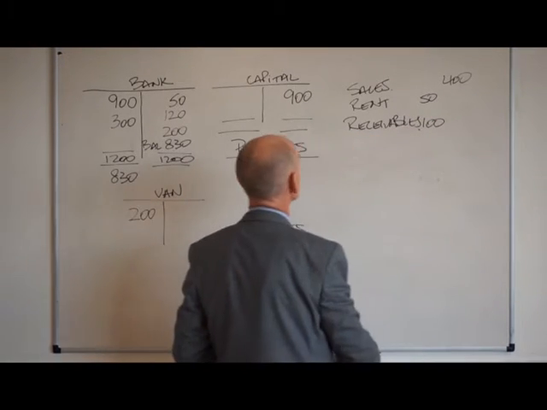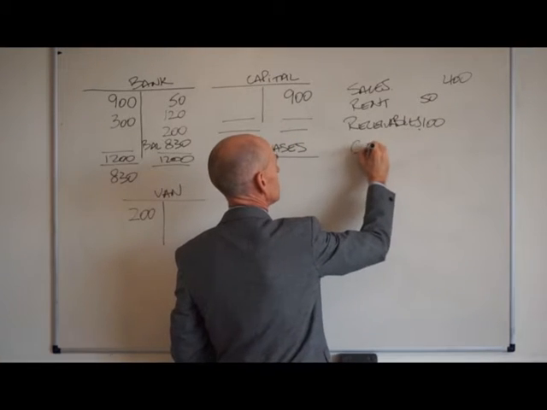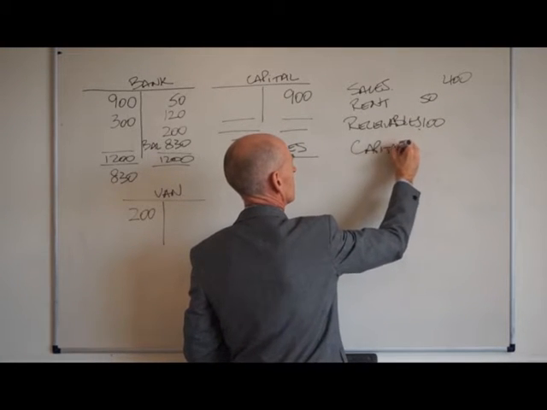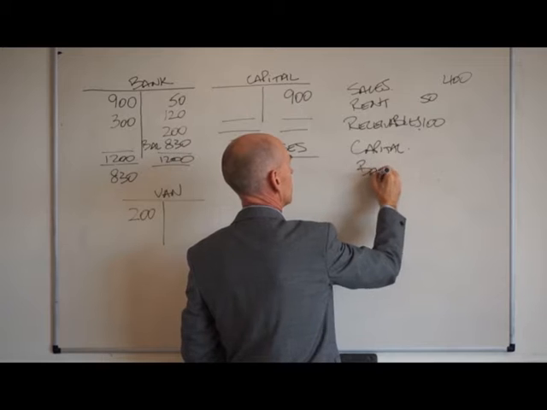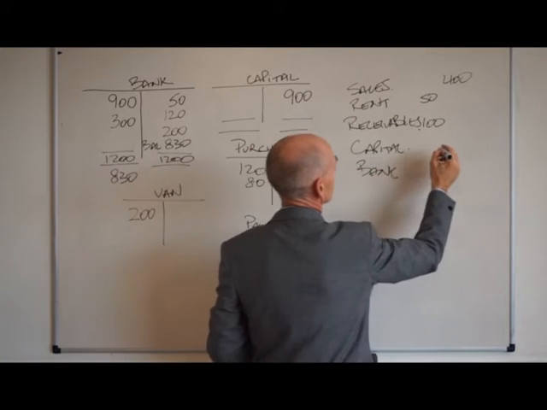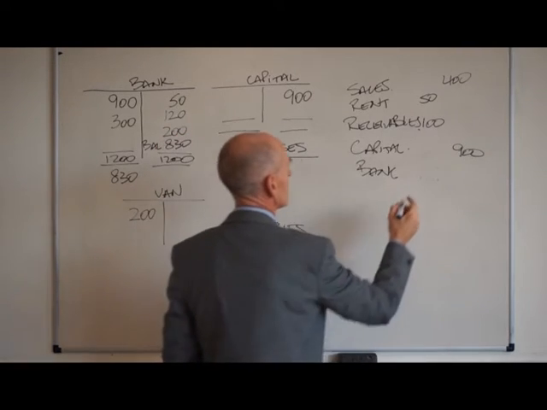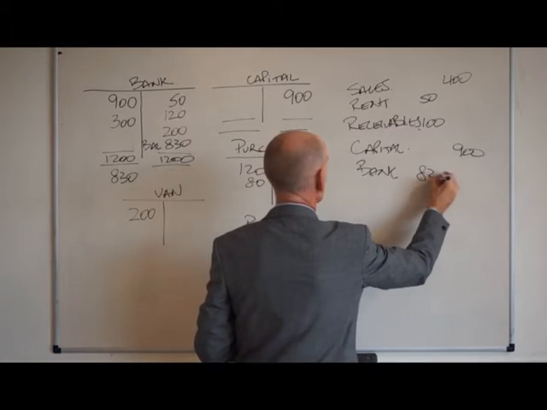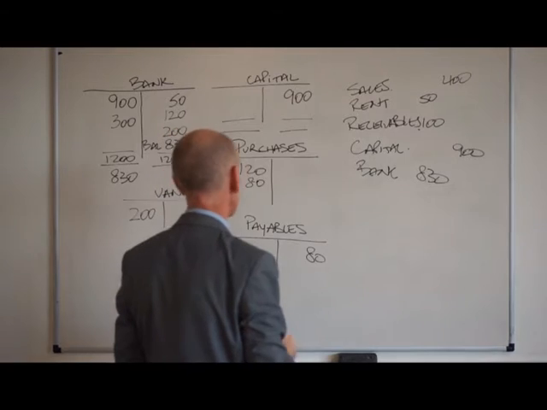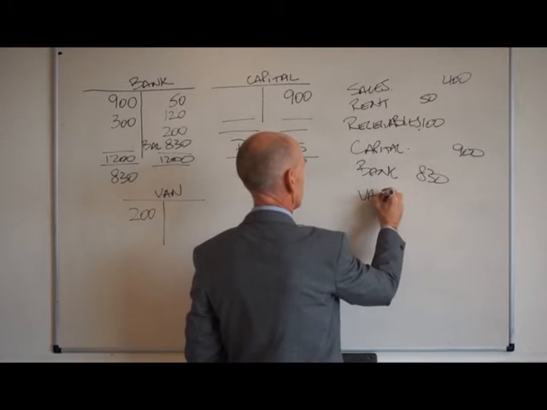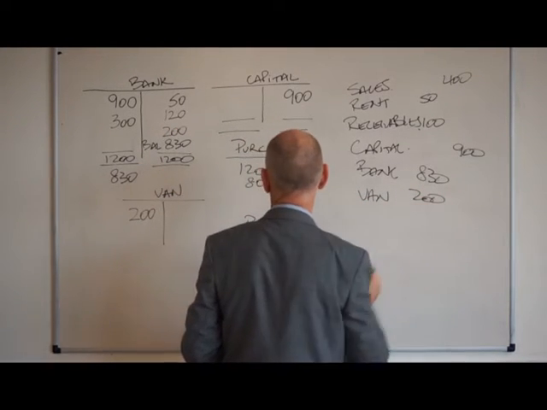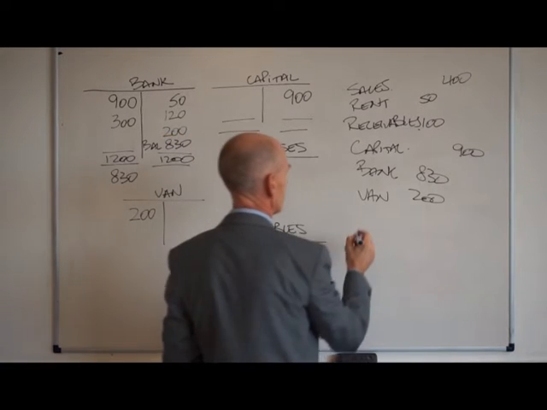Now I can continue with the rest of them. We've got capital, bank. Capital was 900. Bank was 830. Van was 200. Purchases are 200.